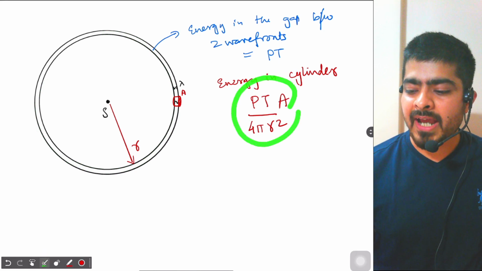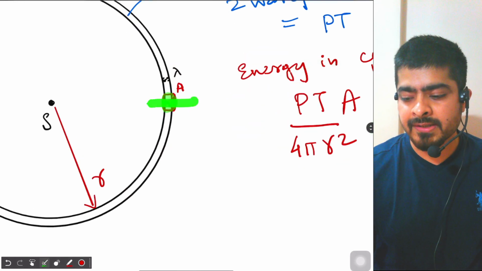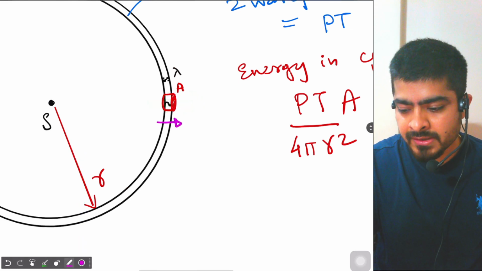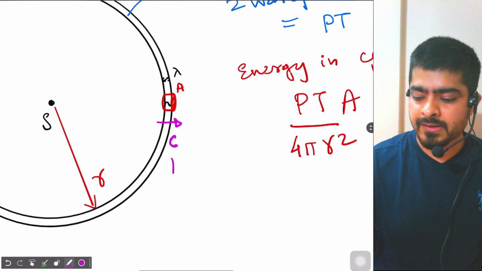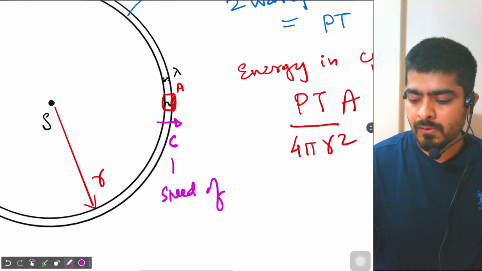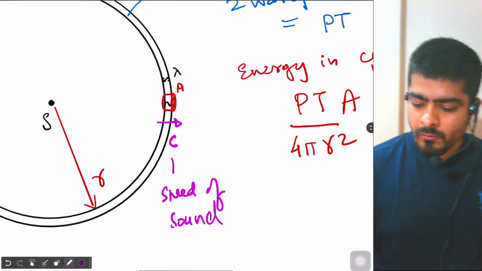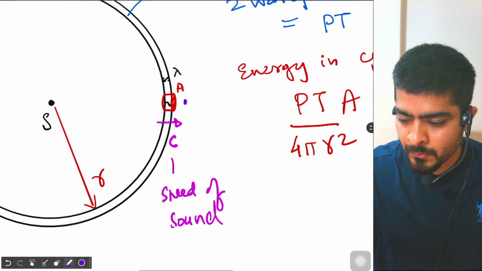So this is the energy in this tiny cylinder, that is going in this direction with how much speed? This energy is traveling in this direction with the speed of sound. Let's say speed of sound is equal to c. Okay, this is the speed of sound. Now we have an observer, that is the detector, that is coming up in opposite direction.